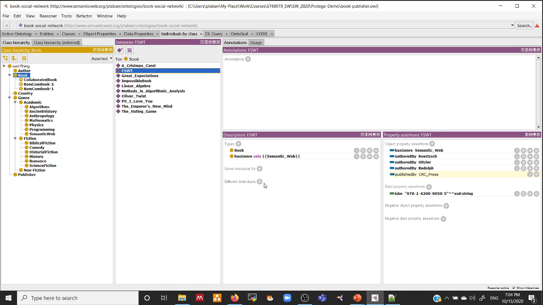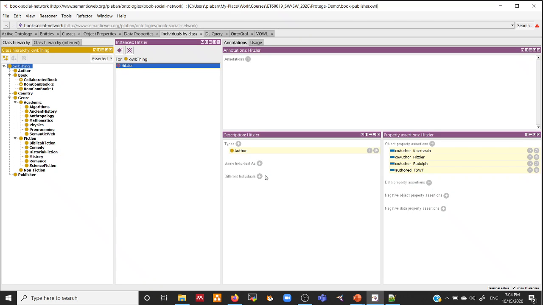Now here we have removed this different individual assertion from the author Hitzler, right? As we have removed this, Hitzler is being equated with Coates, who is being equated with Rudolph, and as they are being equated with the other authors, they are collapsed into one author, one individual.